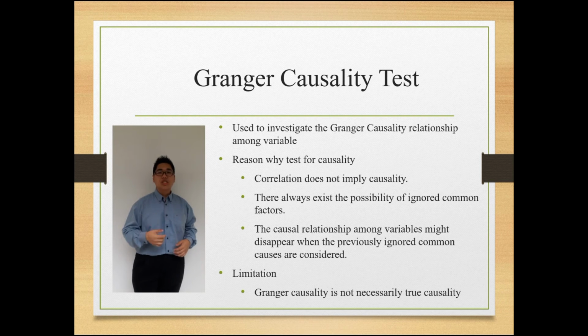The causality relation will disappear when the common factor is included. However, the Granger causality test has one limitation, which is that Granger causality is not necessarily the same as true causality. By using the Granger causality test, we can have a better understanding of the relationship between the tourism demand and exchange rate movement, which suits our research objective.